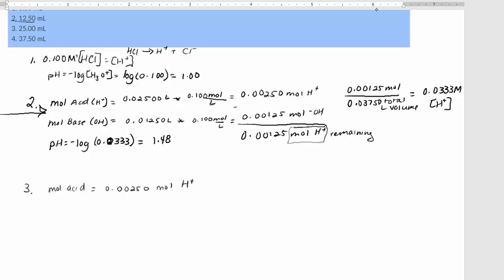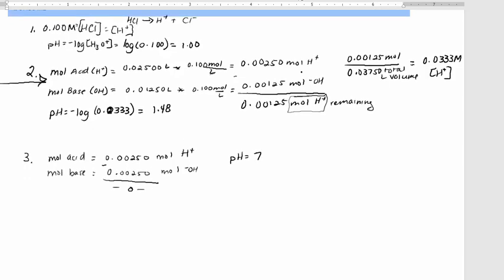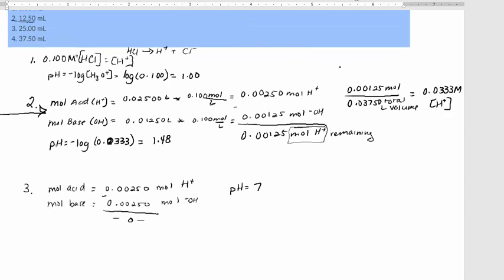My base had the same concentration as my acid, so here the moles of the base are equal to the moles of the acid, 0.00250 moles. Now they will neutralize one another, and we will be left with nothing, no excess. Because there is no excess, this is the equivalence point, and the pH is 7 for a strong acid and a strong base, because they have completely neutralized one another.